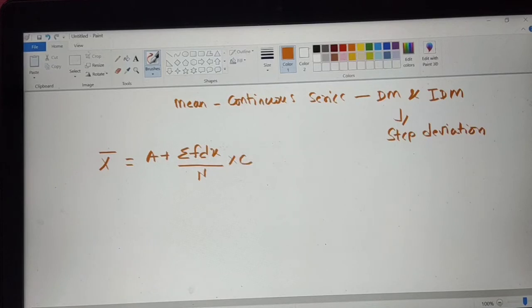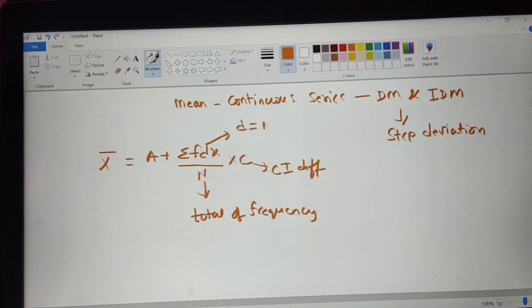This is our formula, and here n means the total of the frequency, whereas c is the difference between the class intervals, that is, the class interval difference. When it comes to d, the formula for d is m minus a, whereas the formula for dx equals d by c.